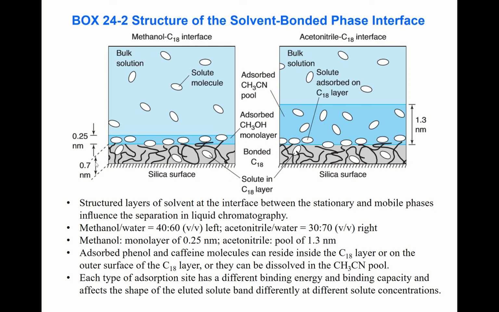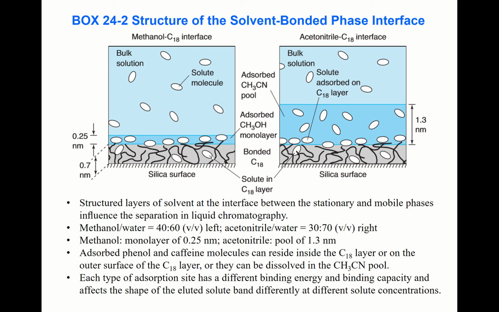On top of that there is an adsorbed methanol monolayer, when you use methanol as a solvent. This figure illustrates the methanol and C18 interface. In methanol there are solute molecules, now adsorbed in the bonded stationary phase and also in the adsorbed methanol monolayer.